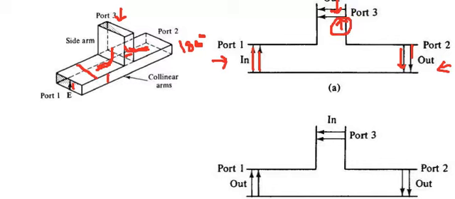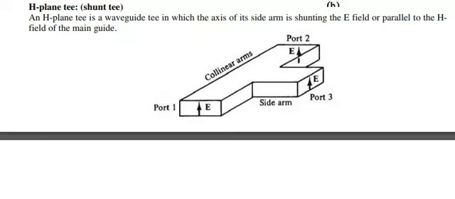This is the E-plane junction. The next one is the H-plane T junction. This type of waveguide junction is called an H-type T junction because the long axis of the main top of the T arm is parallel to the plane of the magnetic lines of force in the waveguide.